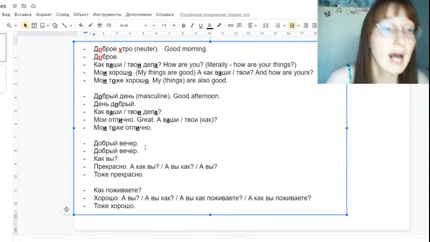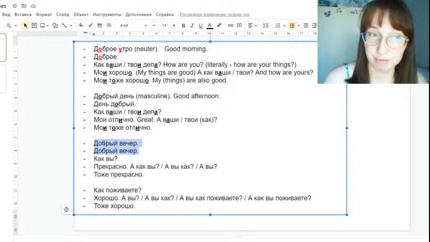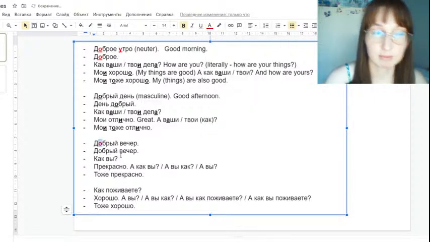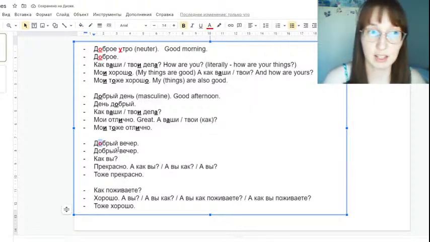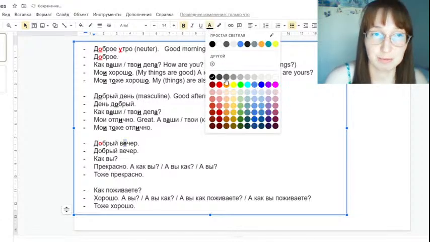The next dialogue. Добрый вечер. Добрый вечер. Добрый. This red color is good. Вечер.